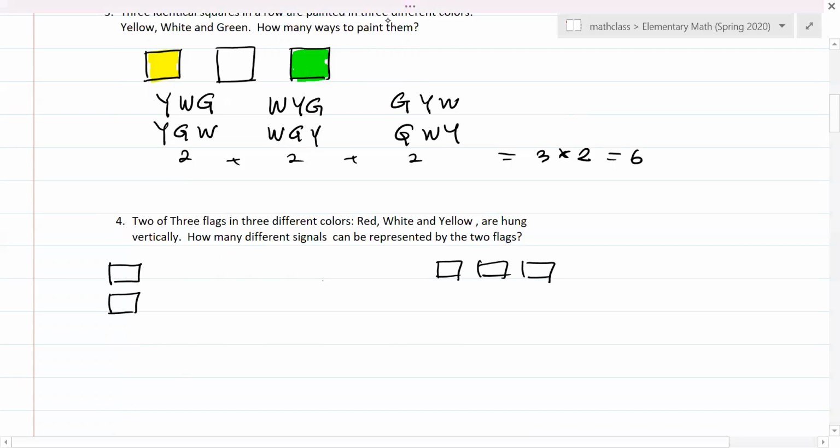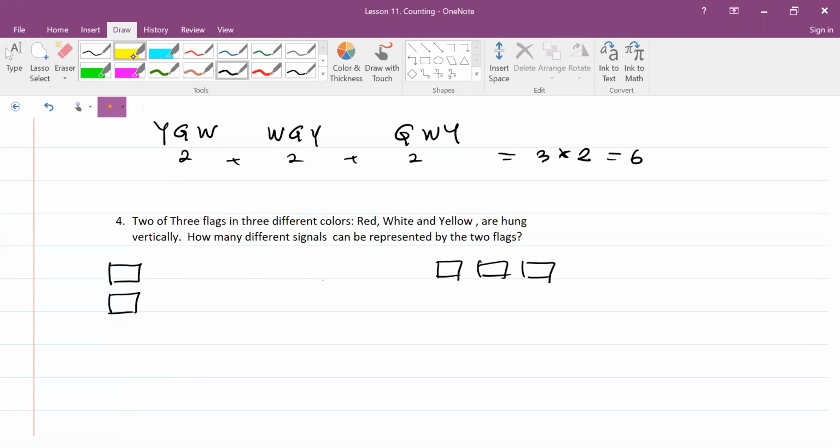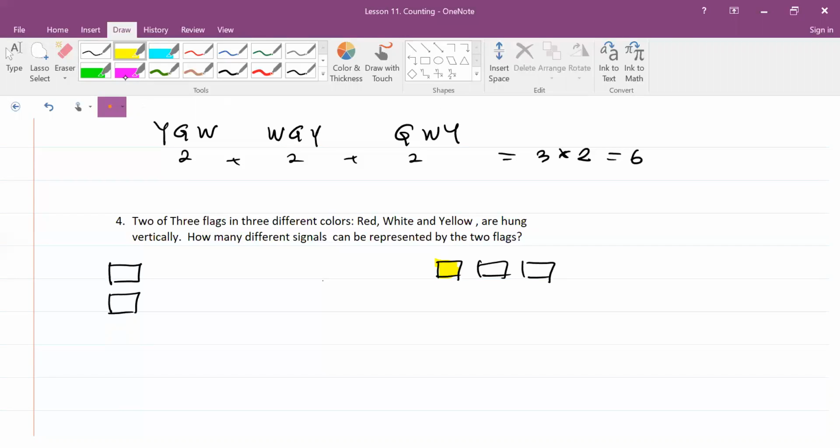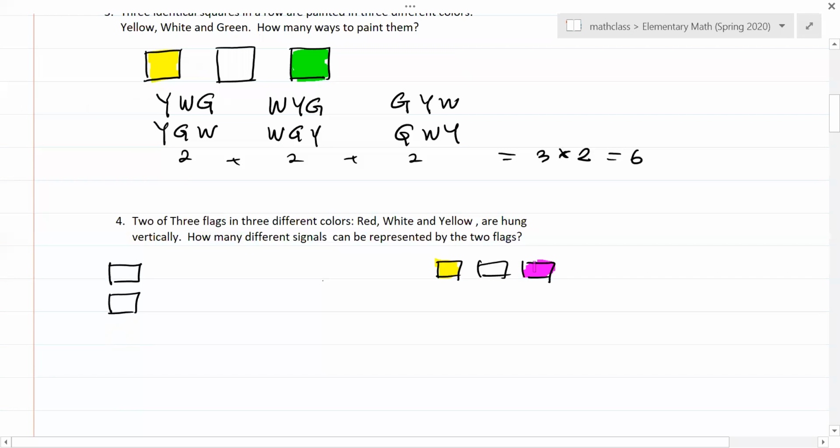Okay, let's find out. One is yellow, right? Other one is white, and then the other one is red. Okay, I don't have the red color, so let's use this color, okay? This is slightly difficult.